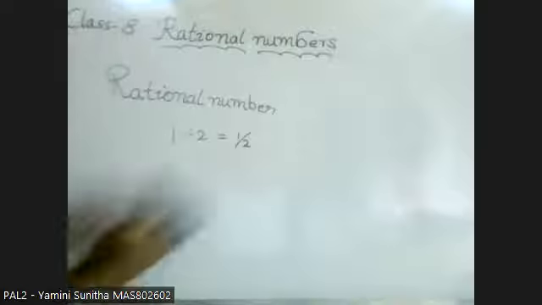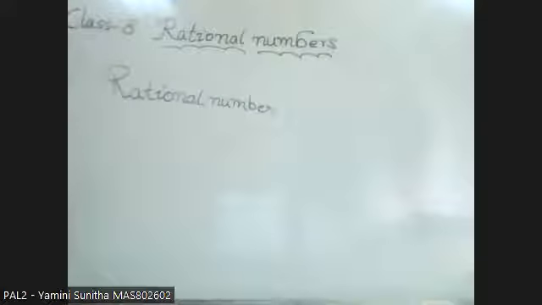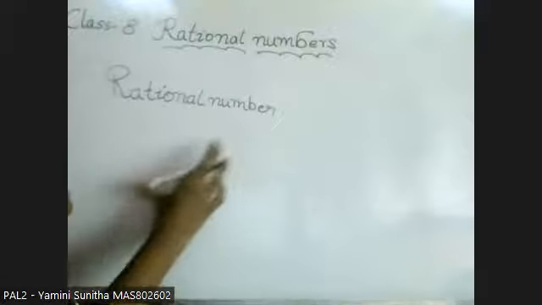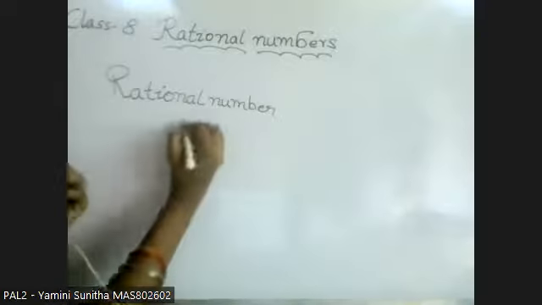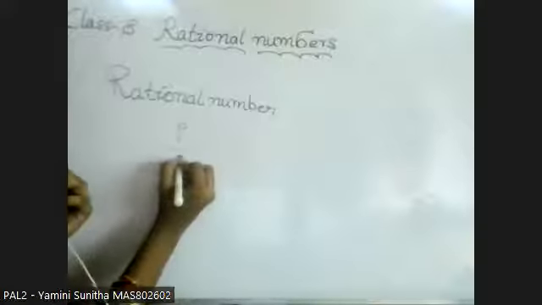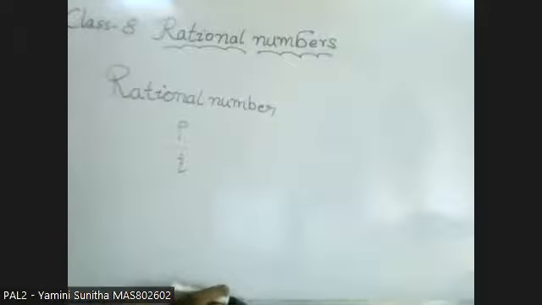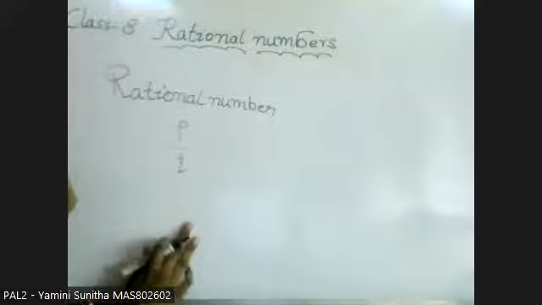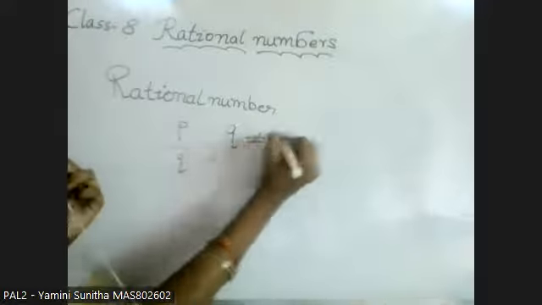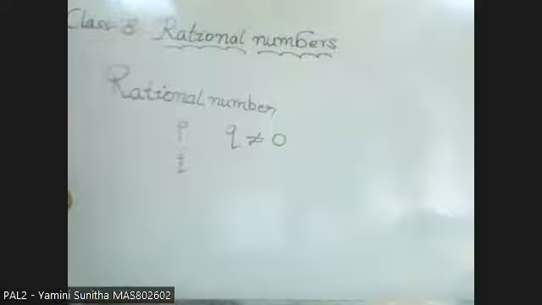So now how should a rational number be represented? As we know integers go from minus infinity to plus infinity, a rational number is represented in the form of P by Q. And what is the condition? Q cannot be equal to 0. Q should not be equal to 0. Division by 0 is not possible.